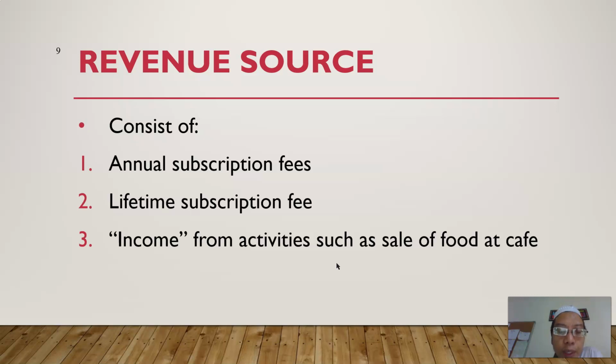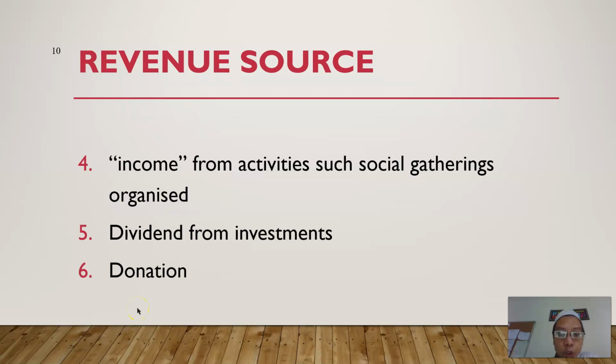Non-profit organizations may also generate their income from conducting activities. Examples of activities they may conduct are the sale of food at a cafe, if they have a cafe. Other revenue sources include income from activities such as social gatherings that they organize, and any income derived from that is part of their revenue.